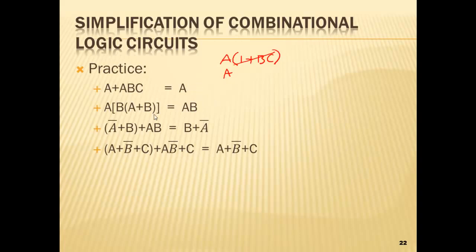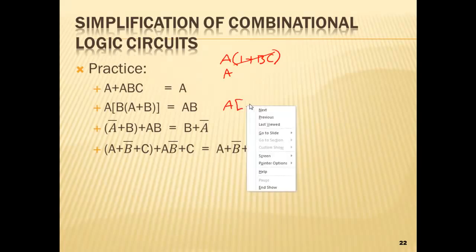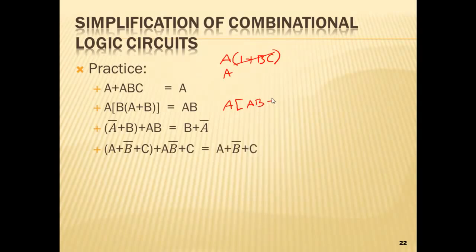The second one's a little bit more complicated. The best thing to do here is take the B times the A and the B times the B. So we're left with A bracket, and B times A is AB, or, and the B times B is BB. BB goes together as just a B, so we can multiply these through and then we can worry about that.